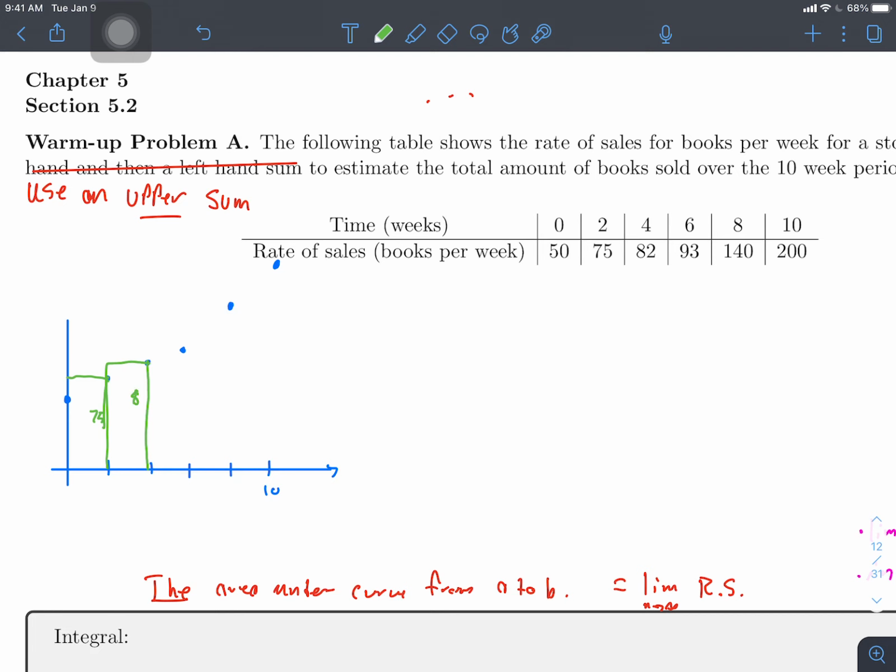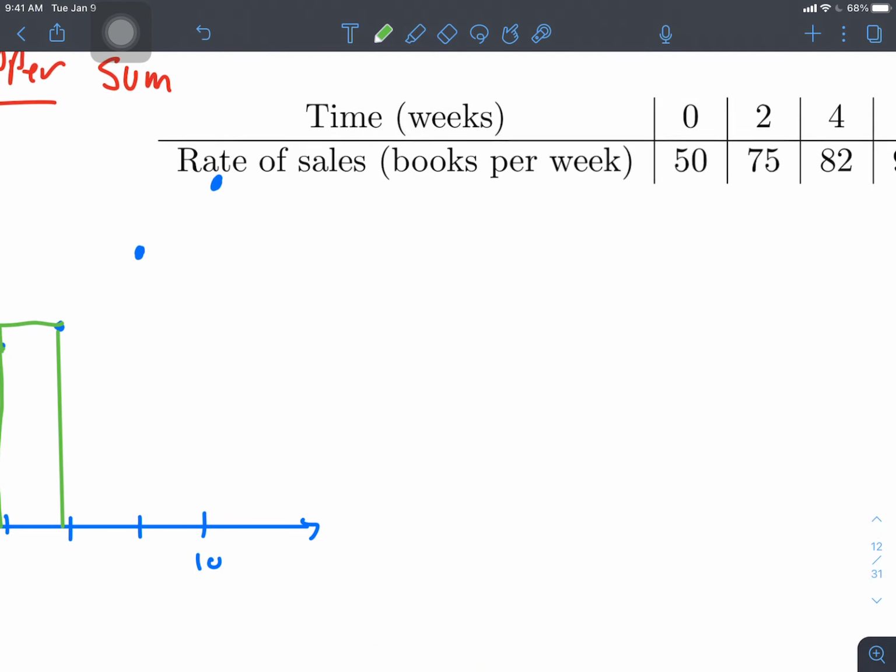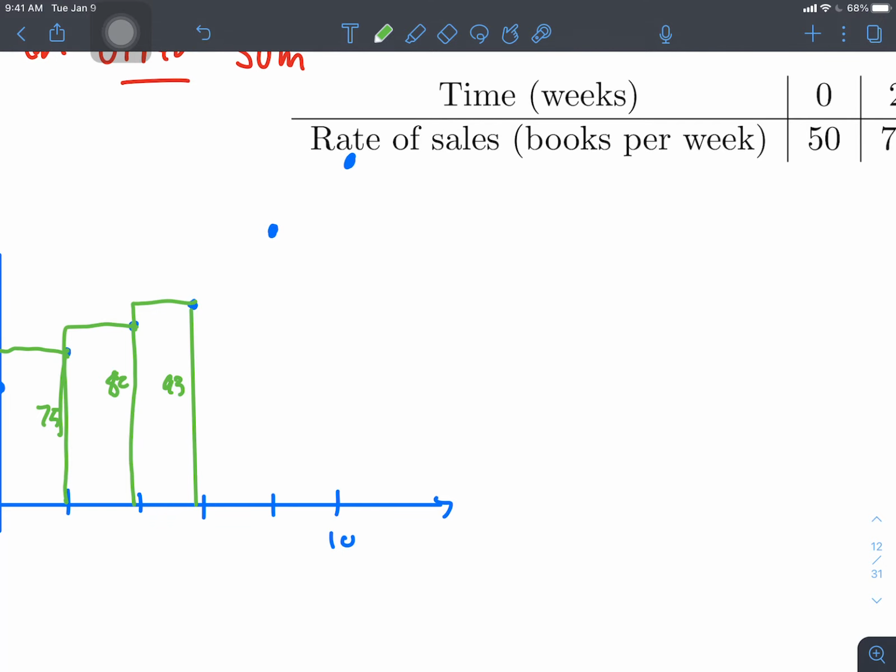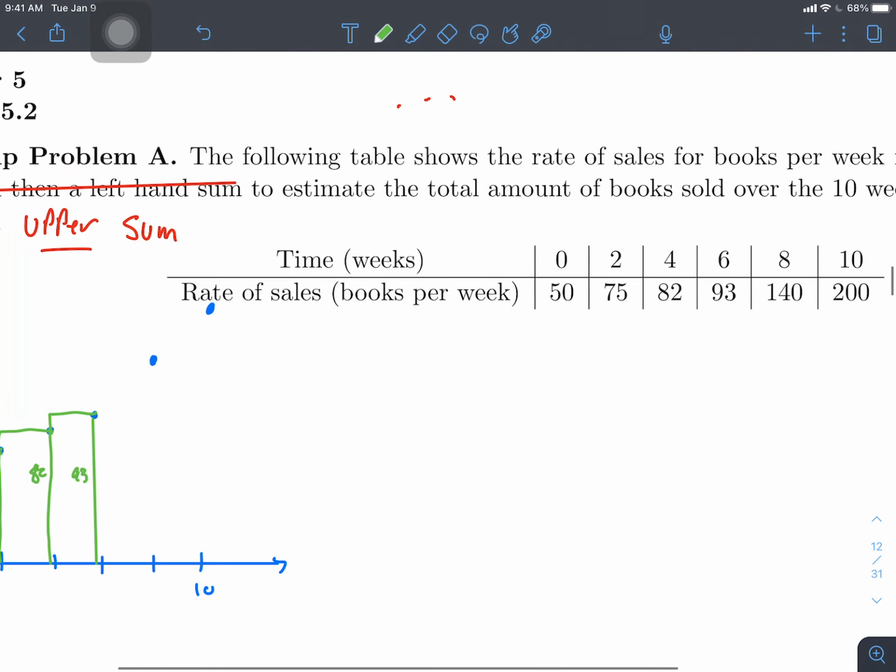And then for the third one, again, I'm just going to keep choosing whichever one's bigger. So it turns out that the upper Riemann sum gives us the same thing as the right Riemann sum. This one's 93, and then 140. And then finally, the last one will be 200.